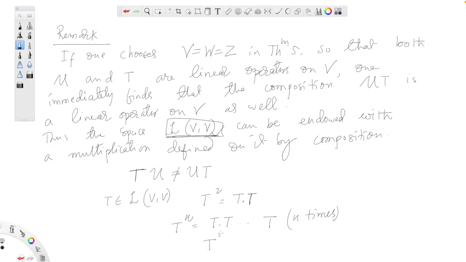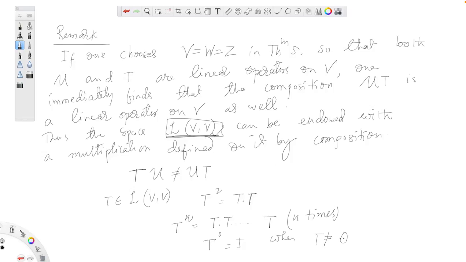And one defines T to the 0 to be the identity, when T is not the 0 operator, which maps everything to the 0 vector of the vector space V. Okay, so this was the remark.